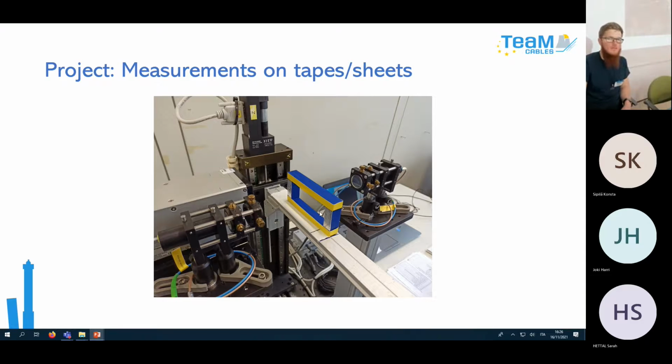For the transmission mode, we just move the sample a bit to the side, and then basically we have the reference in air just next to the sample holder.